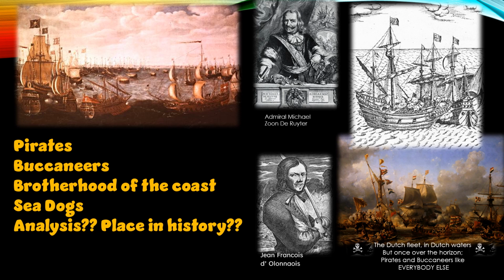Now, there are nuances here. The English and the Dutch usually teamed up. Now, there was the First, Second, and Third Dutch Wars, but they were of short duration, and they were just settling some differences. Most of the time, through most of the history that we're talking about right now, the 1400s, 1500s, 1600s, 1700s, the Dutch and the English usually teamed up.